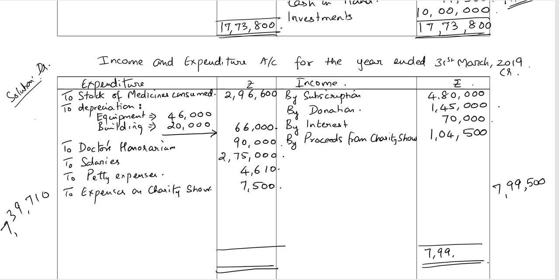So I'll put the greater total on both sides, 7,99,500.